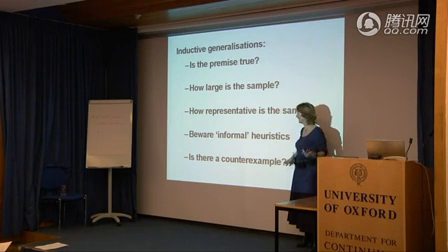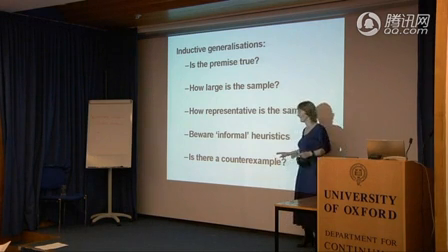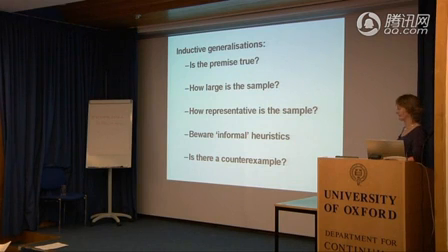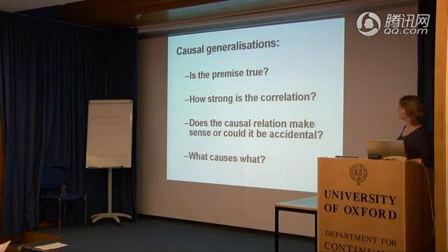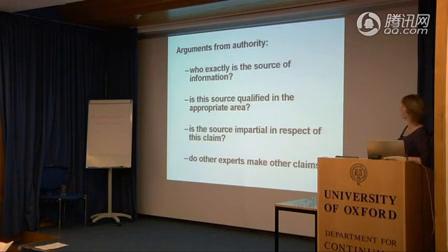And it's fairly obvious what that is, and if it isn't, it will be by the end of today. Okay? So those were the tests for an inductive generalization. These were the tests for a causal generalization. These for the argument from analogy, and these for the arguments from authority.